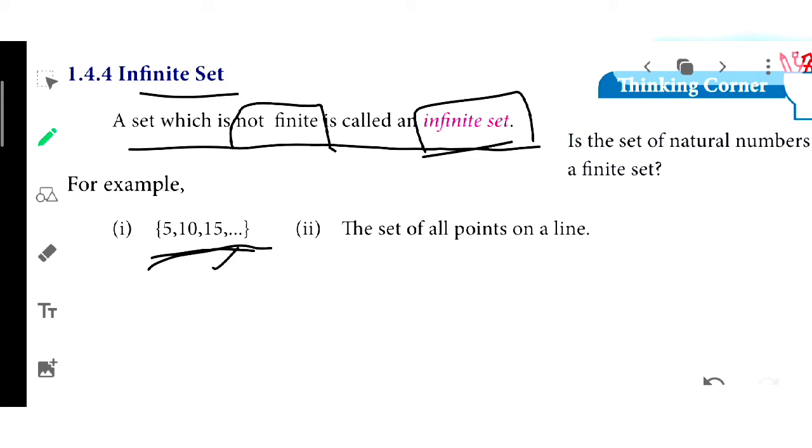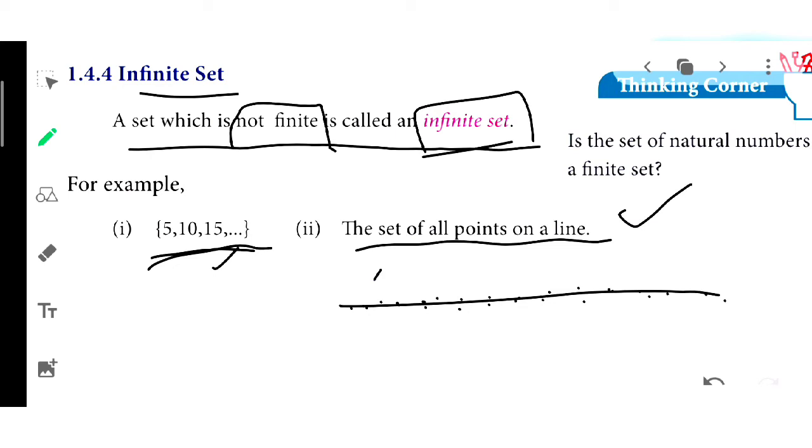Okay students, in our next example, the set of all points on a line. In the previous videos I have told you that an example of an infinite set is a line which has many points that cannot be counted. When we try to count these points, we cannot exactly count the points in a line, so that is an infinite set.